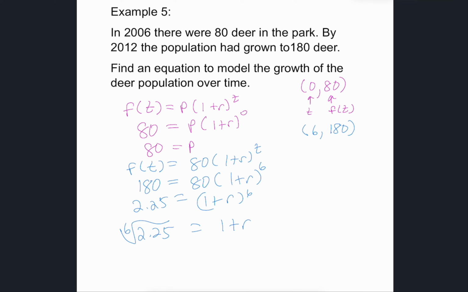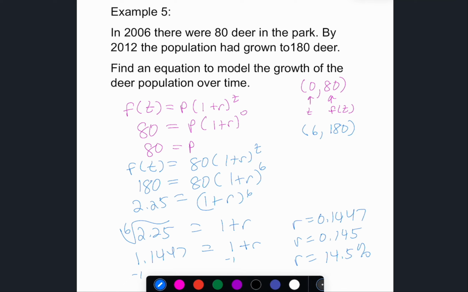And we get 1.1447. I'm going to take it out a few decimal places, and then just subtract 1 from both sides, and we get that R is 0.1447. Let's call that 0.145. Now, as a percentage, our rate then is 14.5%.